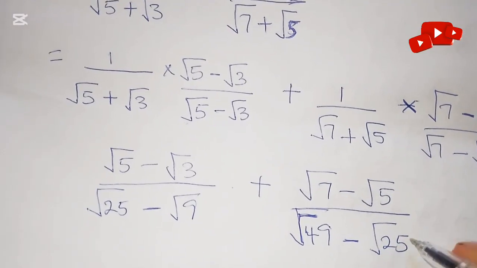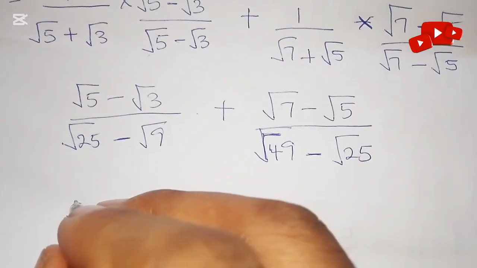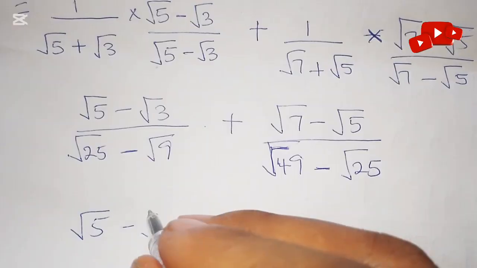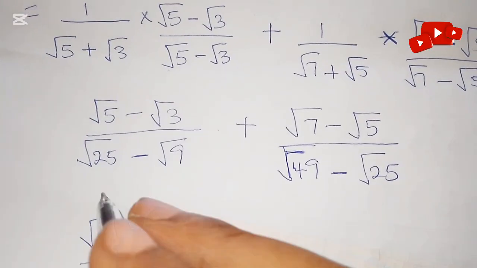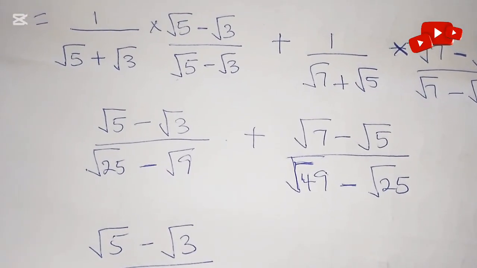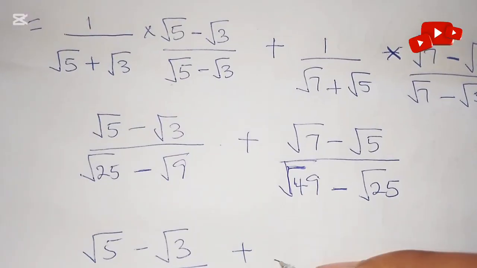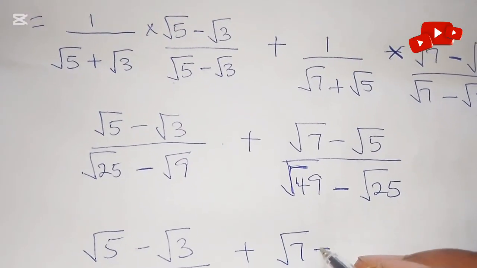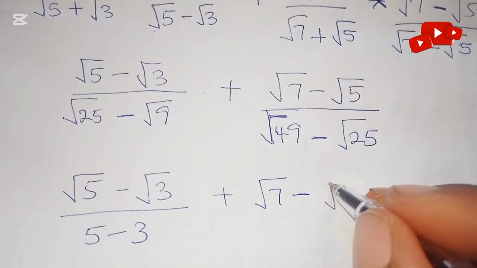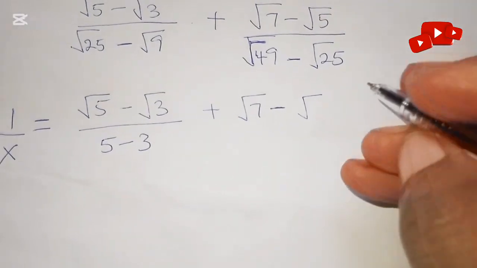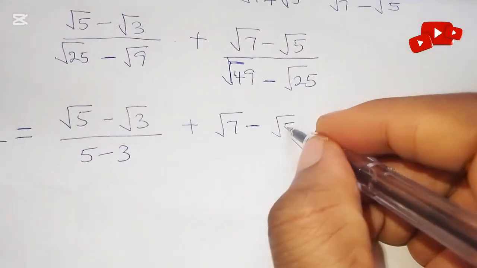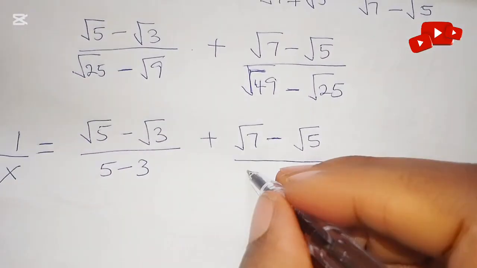So this gives us root 5 minus root 3 all over 5 minus 3, plus root 7 minus root 5 all over 7 minus 5.